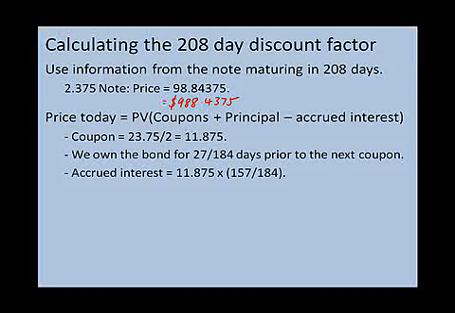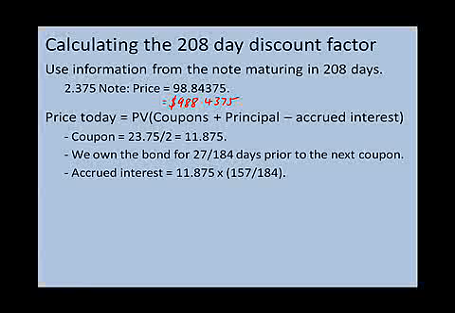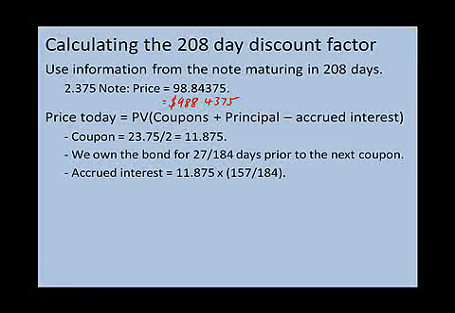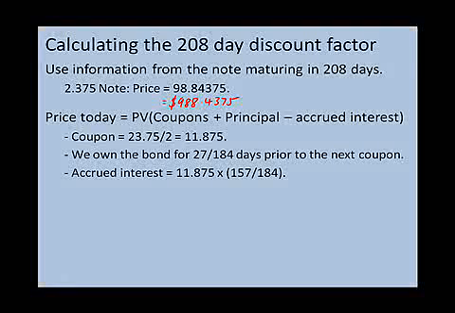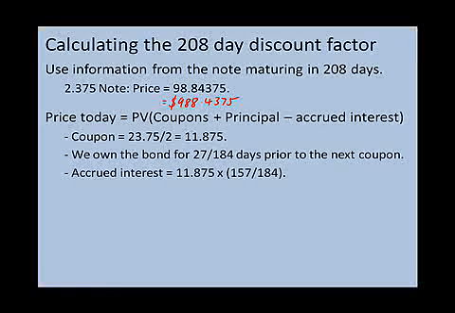Again, we know the price today is going to be the present value of the coupons plus the principal minus any accrued interest. The coupon payment is going to be $23.75, but it's paid semi-annually, as with all government notes and bonds. So the payment that's going to be received every 6 months is $11.875.